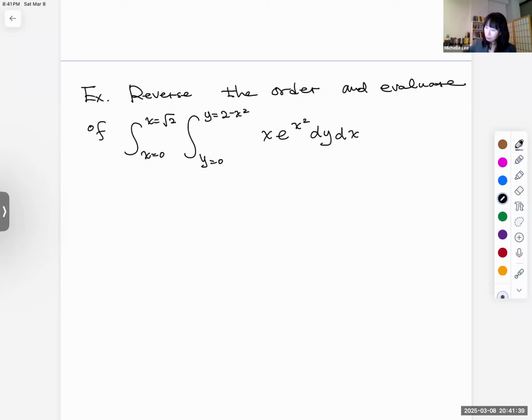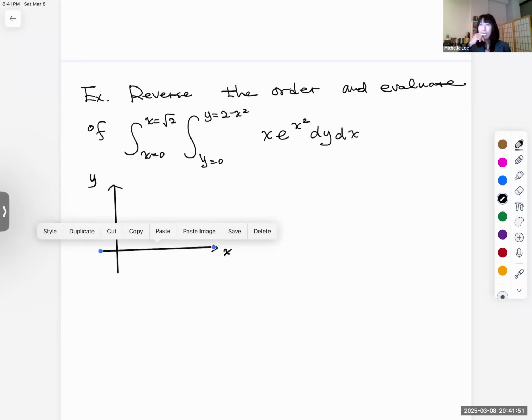So this one, if we are drawing the XY plane, x-axis, y-axis, right? Okay, so y equal to 0 is the horizontal line.